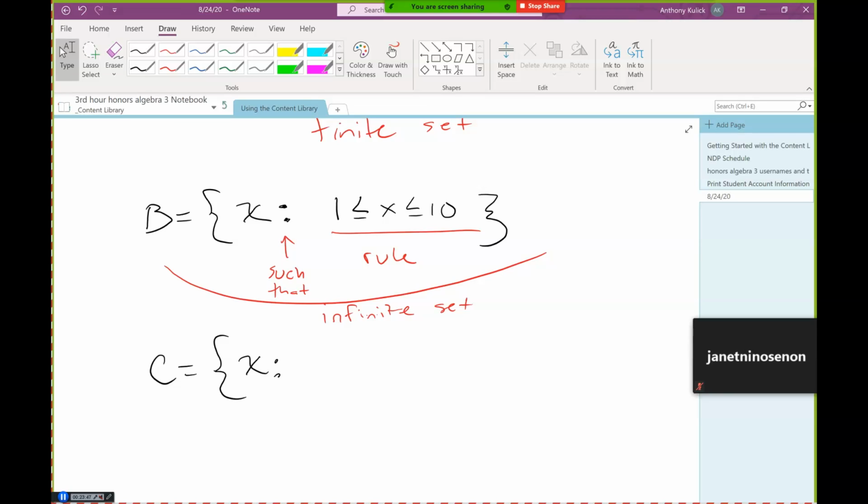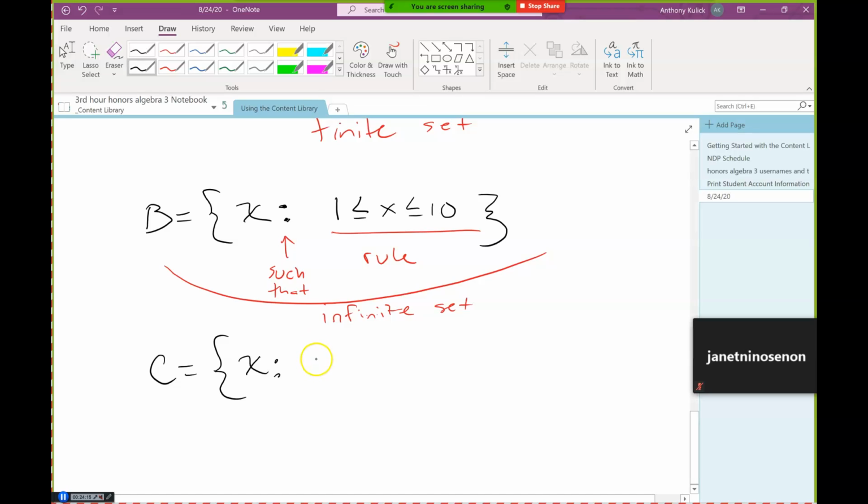For our rule now, are we going to be able to use an inequality? Not to describe even numbers, right? What are we going to need to use? Probably some kind of an equation, right? What is the defining characteristic of an even number? It's divisible by 2, or it's a multiple of 2, right?